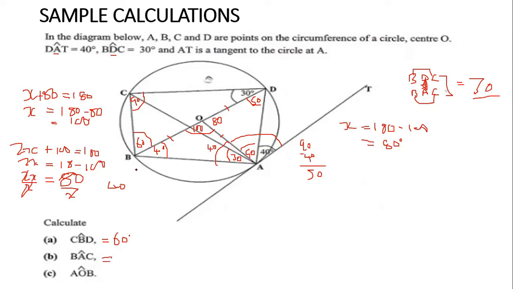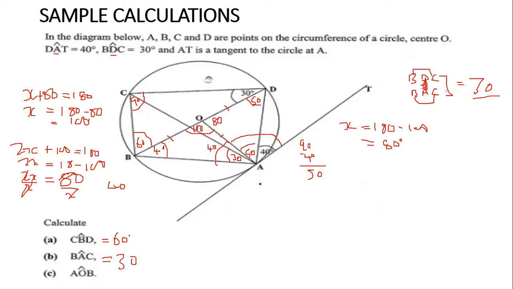Okay, then BAC. So this is this angle CBD. CBD, okay, we have found. Then BAC. Here we have found also this one is what? 30 degrees. Okay, so BAC is actually 30 degrees. Then we are going to find what?